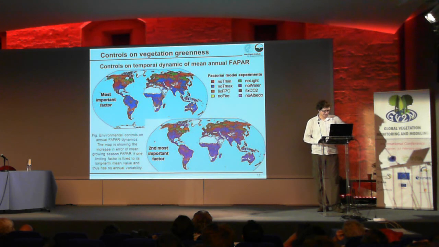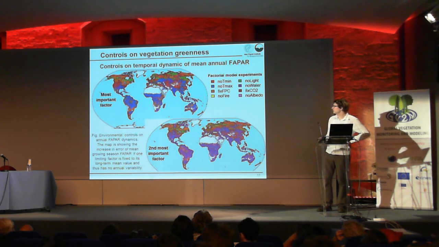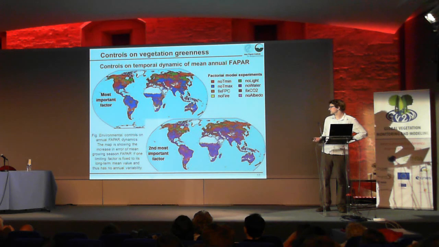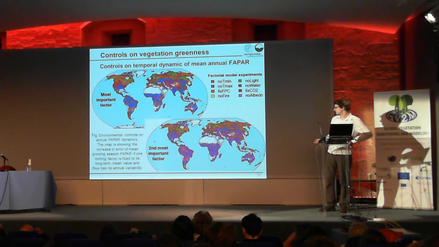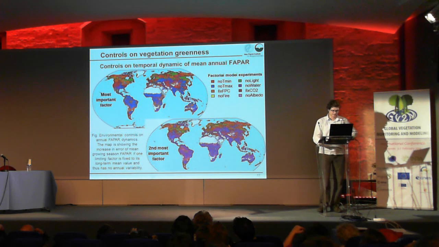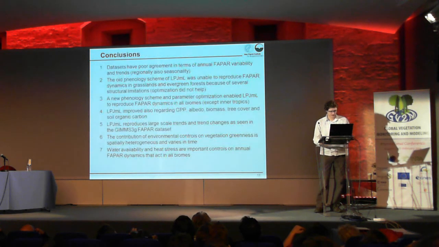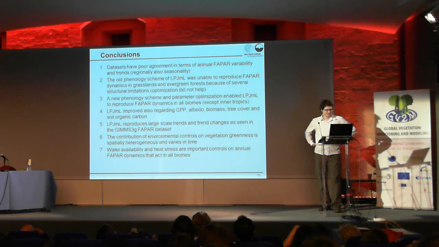And we can see that concerning the most important factor on FAPAR, cold temperature and light are the most important factors in the northern forests, and in the crops it's mostly Tmax. But also very interesting is the second most important factor, which is present almost all over, not in the northern boreal forests.